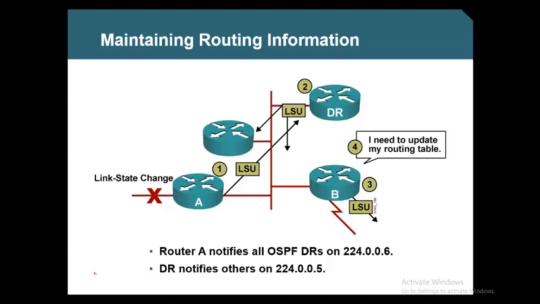Whereas in a point-to-point environment, you don't need the 6 because there is no DR. The only address that is used in point-to-point environment is 224.0.0.5.